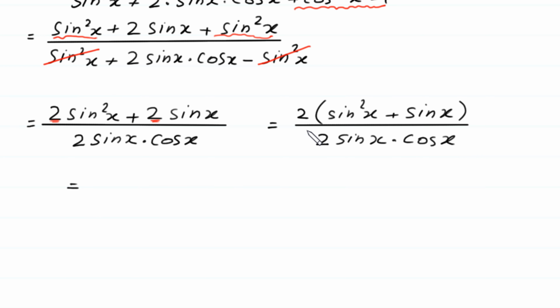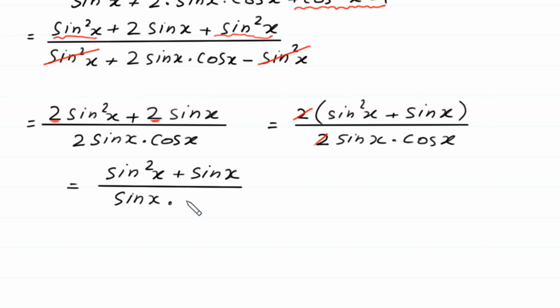Next, this 2 will be cancelled with this 2, and here we have left sine square x plus sine of x divided by sine of x times cos of x. Next, we write this single fraction into two partial fractions.